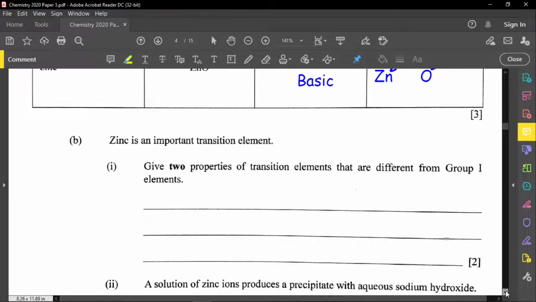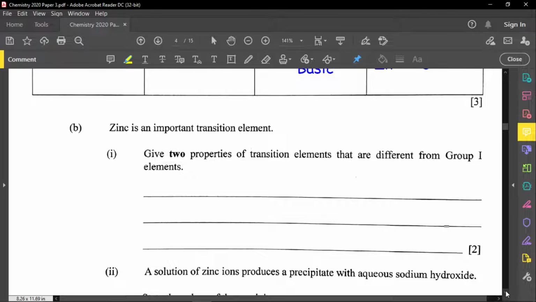For part B, it says zinc is an important transition element. Give 2 properties of transition elements that are different from group 1 elements. In other words, besides them being metals and so on, what is so different about these transition metals? I'm going to give you some answers right here.